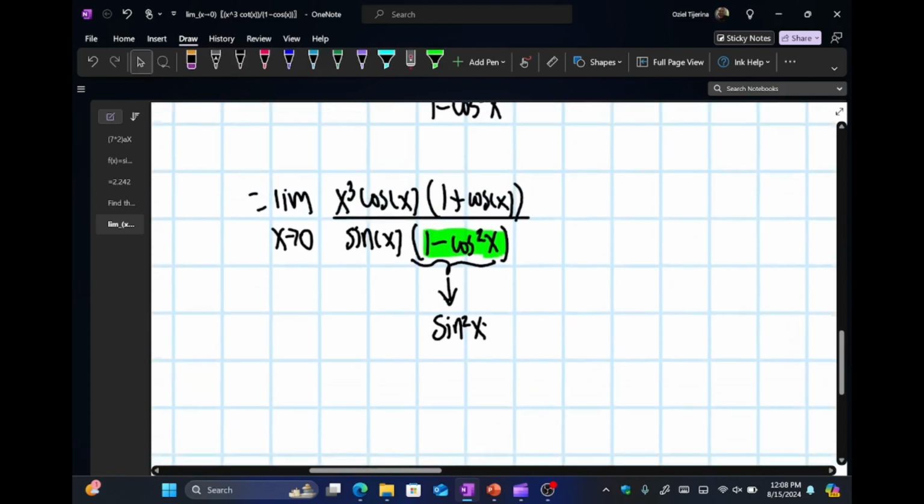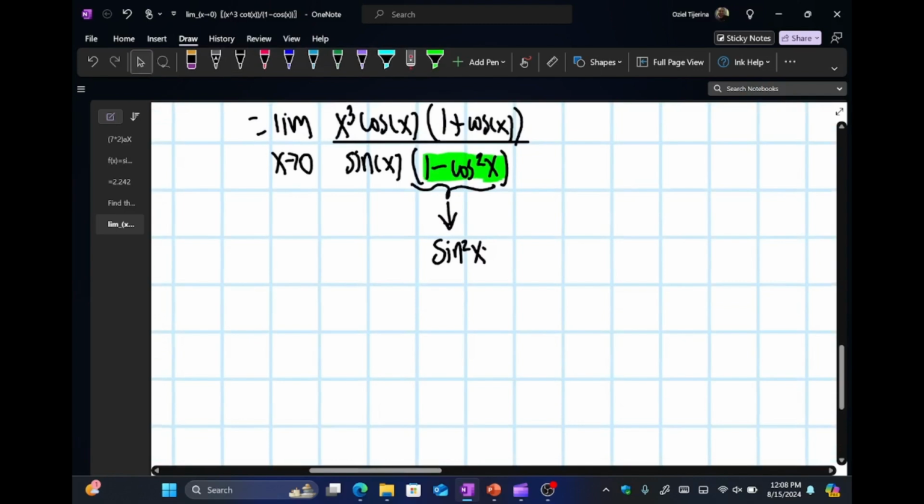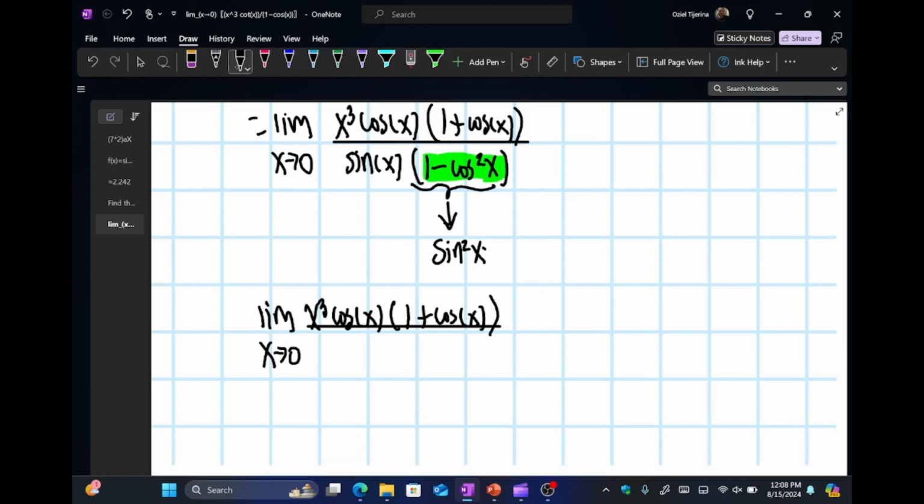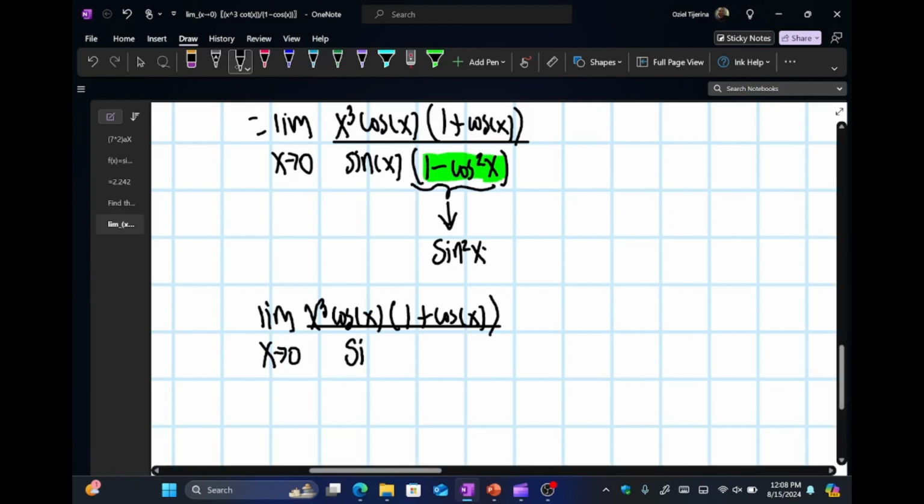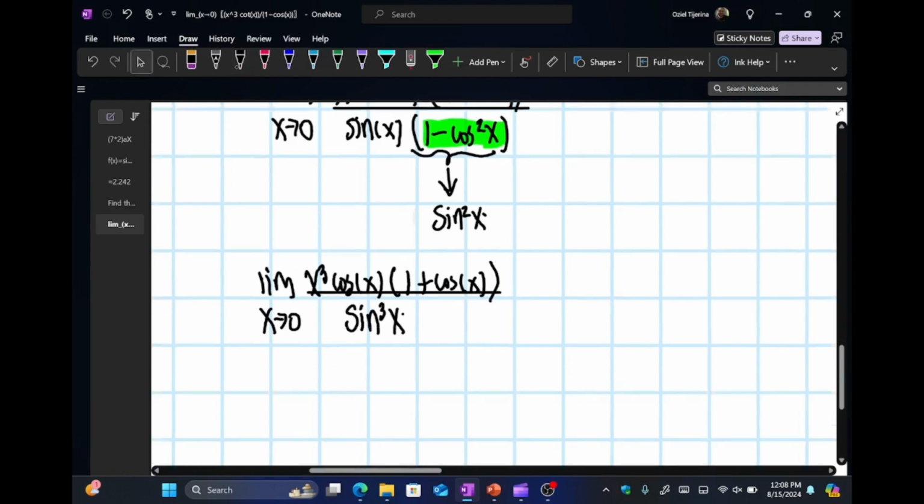So we're going to do the limit as x approaches 0 of x cubed cosine x times 1 plus cosine x over sine cubed x. Really, that's what we're going to have there.